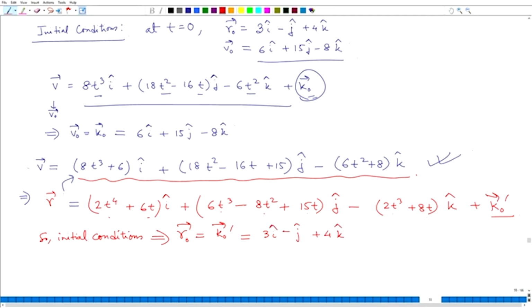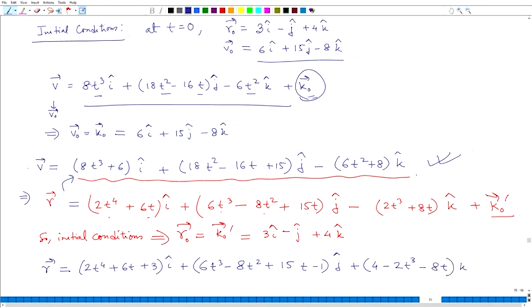If you use that, then finally for the final expression of r, I can use a different color or the original color which I was using, r is equal to 2t⁴ plus 6t plus 3 î, plus 6t³ minus 8t² plus 15t minus 1 ĵ, plus 4 minus 2t³ minus 8t k̂.